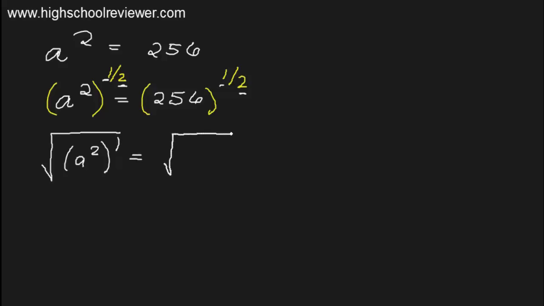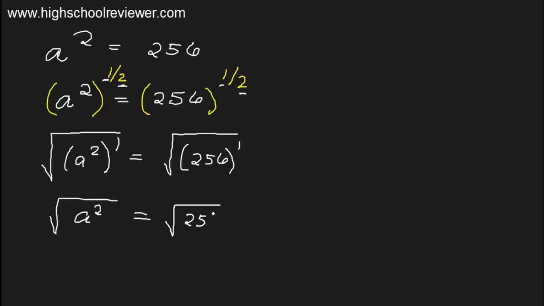And this is also equal to the square root of 256, with exponent 1. So the square root of a squared equals the square root of 256. The square root of a squared is equal to a, and we have here the square root of 256.